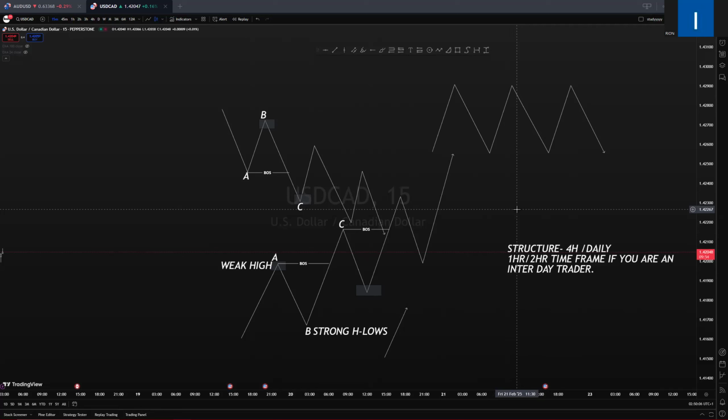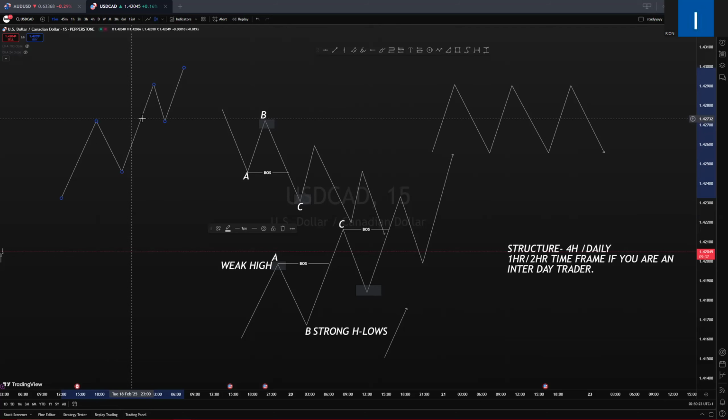I know from your beginners or intermediary class, you've always learned that the market is going to do something called a break and a retest. What I want you to know is that a break and a retest isn't a guarantee that it is always going to happen immediately. The most important thing to structure is that price makes a high and makes a low that fails to break the previous low.